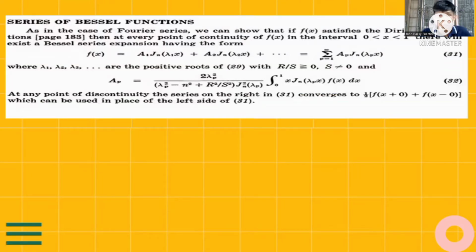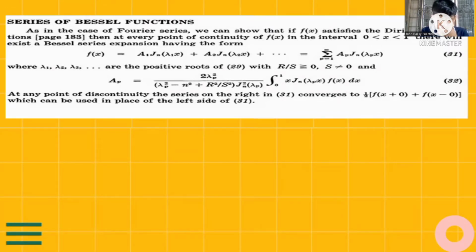As in the case of Fourier series, you can show that if f of x satisfies the Dirichlet conditions, then at every point of continuity of f of x in the interval 0 less than x less than 1, there will exist a Bessel series expansion having the form f of x equals a sub 1 j sub n lambda sub 1 x plus a sub 2 j sub n lambda sub 2 x plus and many more.